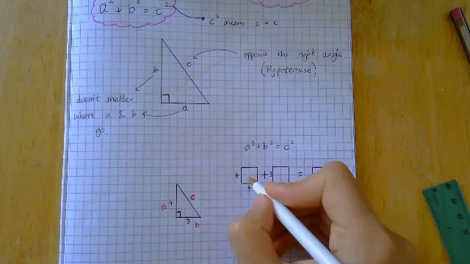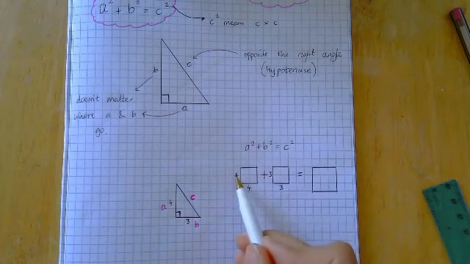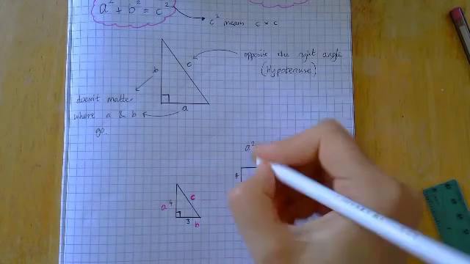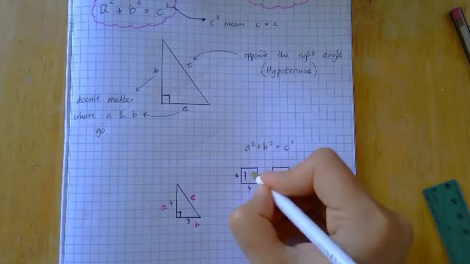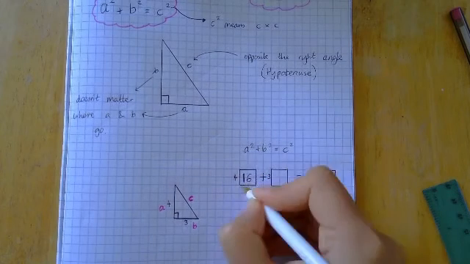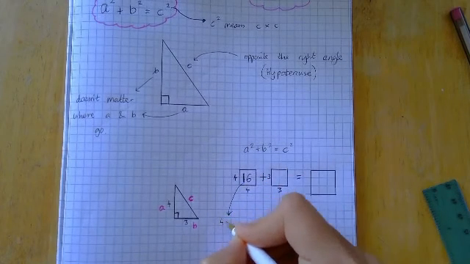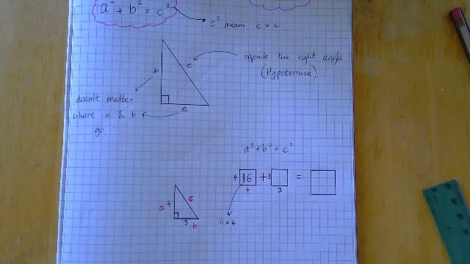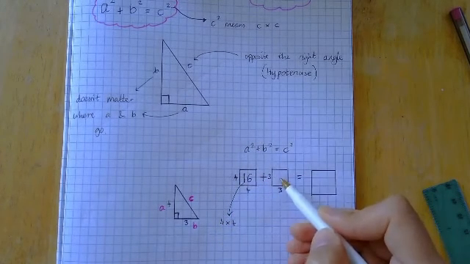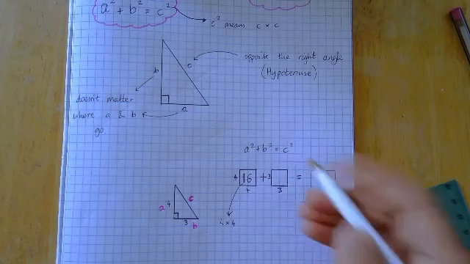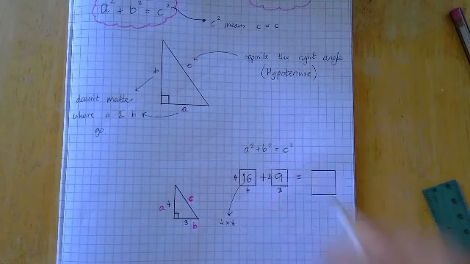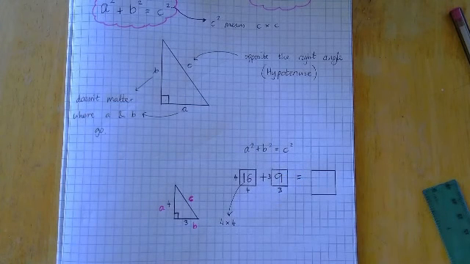Right, let's have a look then. Let's try and fill in these squares. So in order to fill in this box, I'm going to do 4 times 4. 4 squared, which is 16. So in order to get that, I did 4 times 4. Right, in order to get what goes in this box, I'm going to do 3 times 3, which is 9.